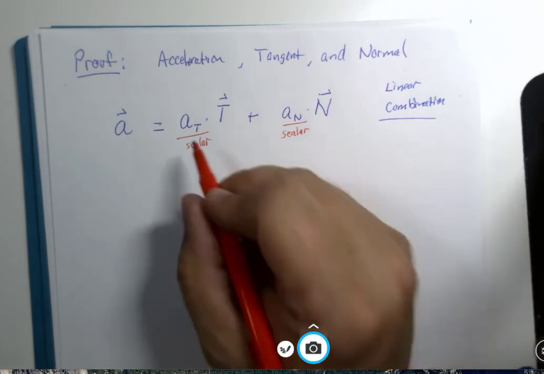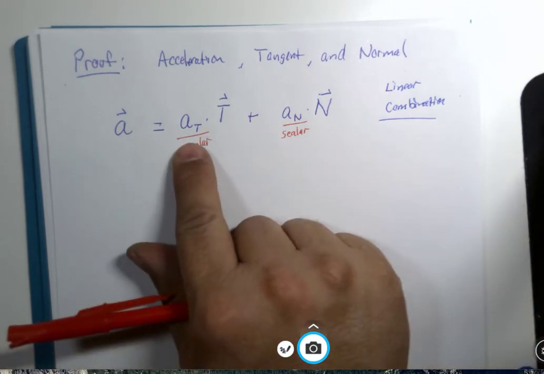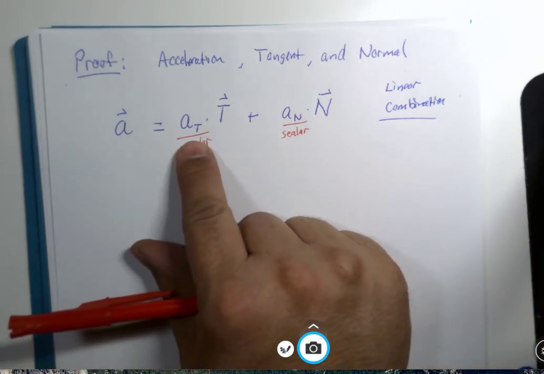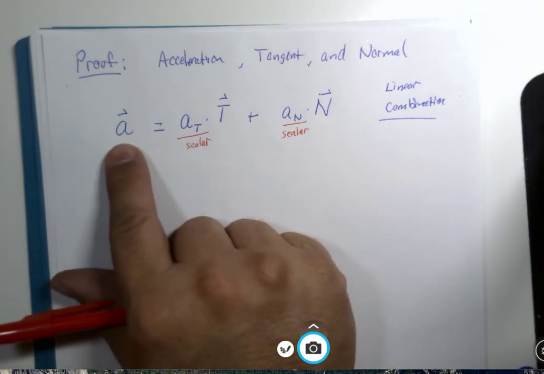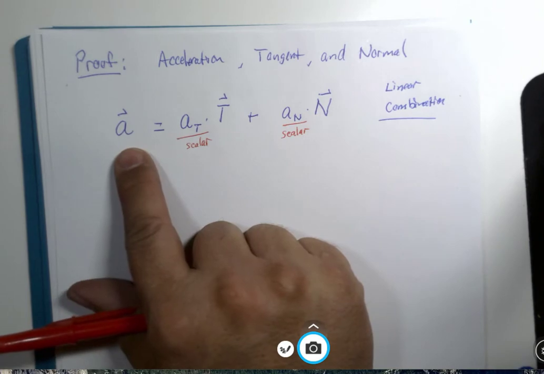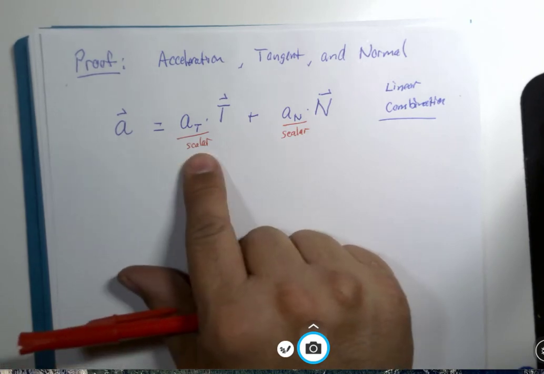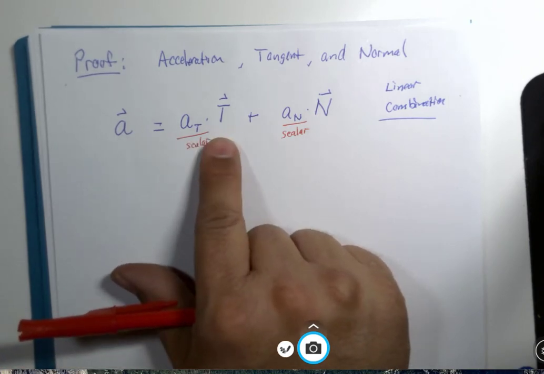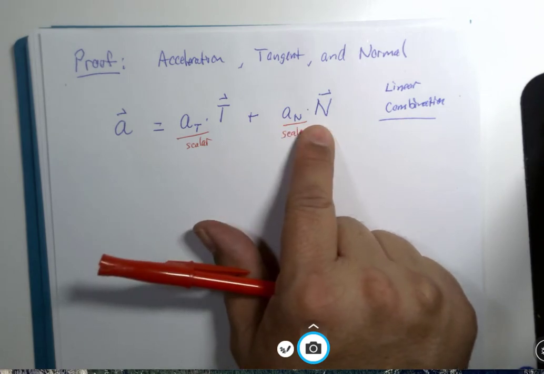This could be called the tangential scalar for acceleration, and this would be the normal scalar for acceleration. You can just think of it as the constant that goes with tangent and the constant that goes with the normal vector.